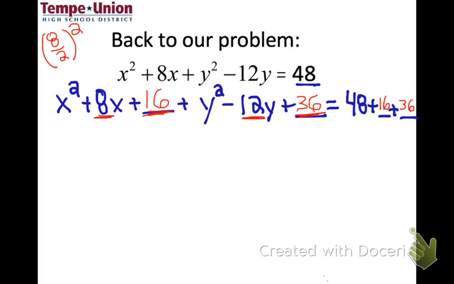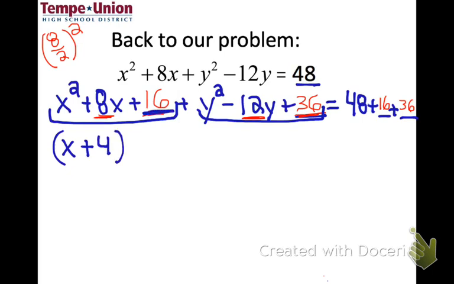Now, what's cool about this is that it creates a perfect square trinomial right there, and it creates a perfect square trinomial right there. So this one would be x plus, and it's whatever the square root of this is, so that's 4. And again, you're not having to reinvent the wheel here. I mean, it was 4 before we squared it.